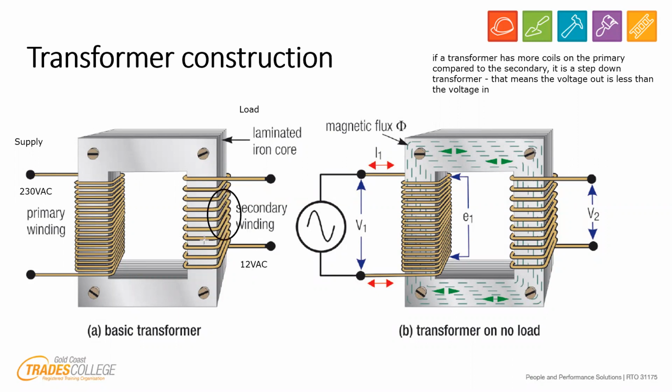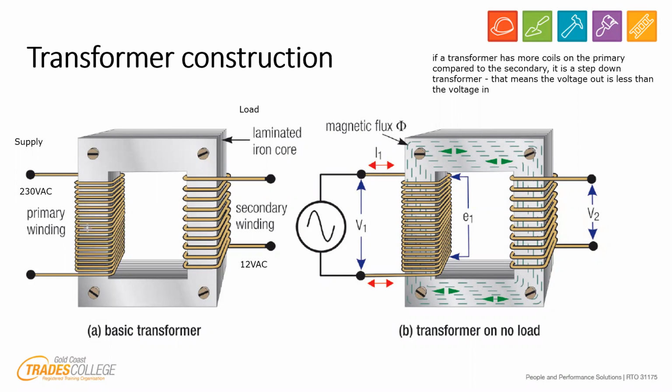So this is working the same way as a generator does. It's producing an AC out, but it's only got a small field doing it, so it's only got a small voltage out. See that? Small field this side, big field this side, because of the lots and lots of turns.